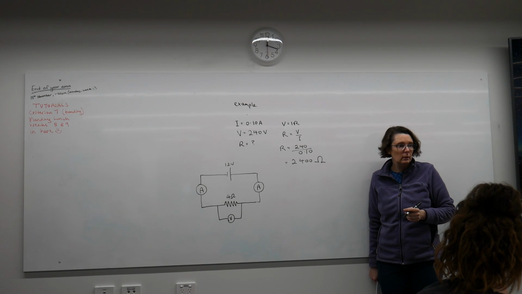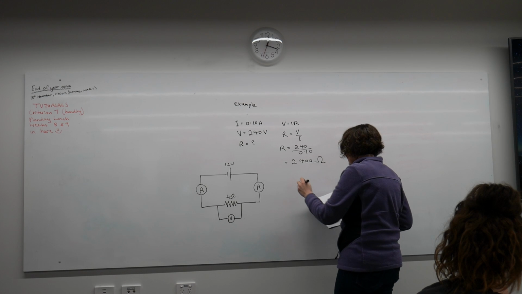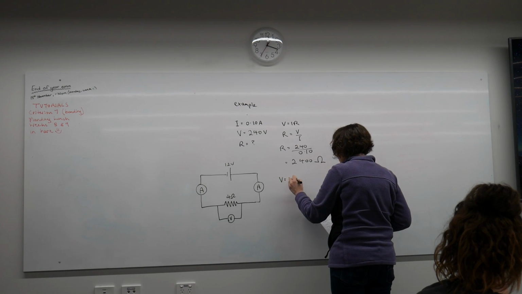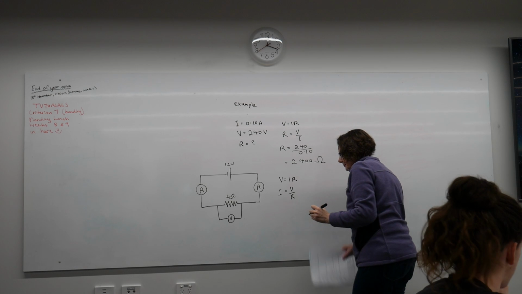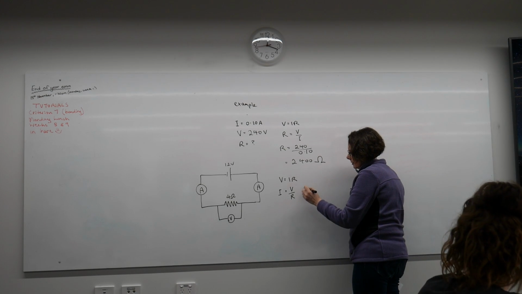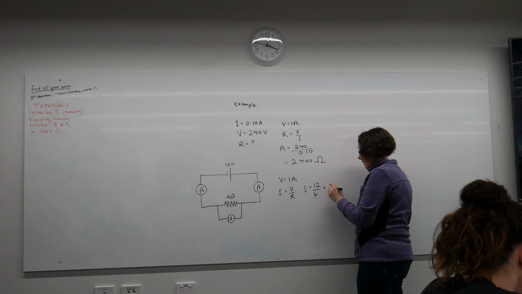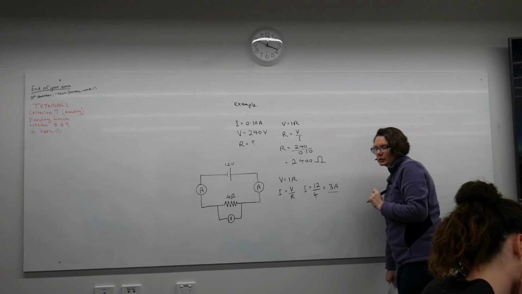That it's the volts divided by the resistance. Okay, so if V equals IR, I equals V divided by R. That gives me 3 amps.